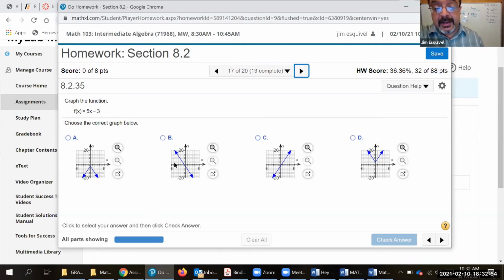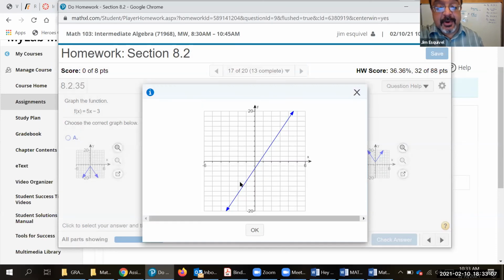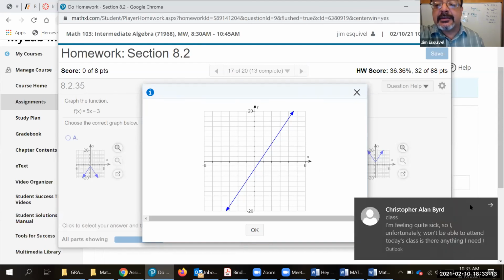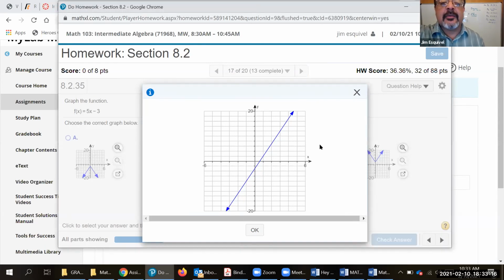You just got to pick the right answer. Which of these is the only possible answer? C. C is the only one because that's a positive slope. Remember, a positive slope, +5, is a line that rises.